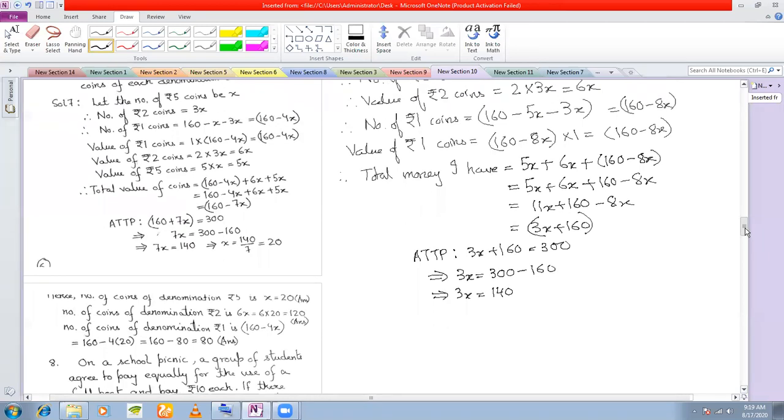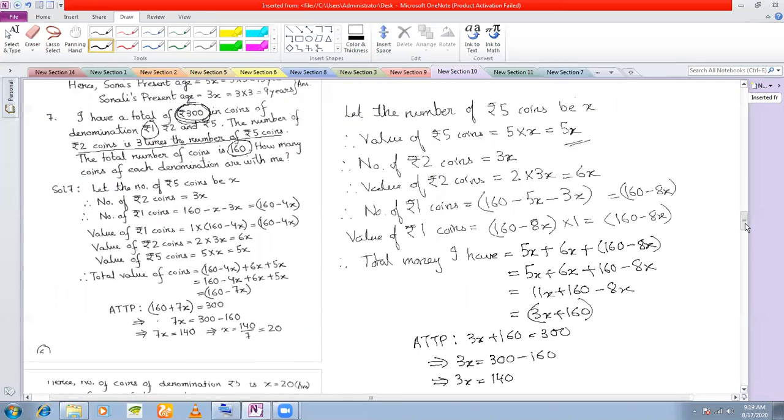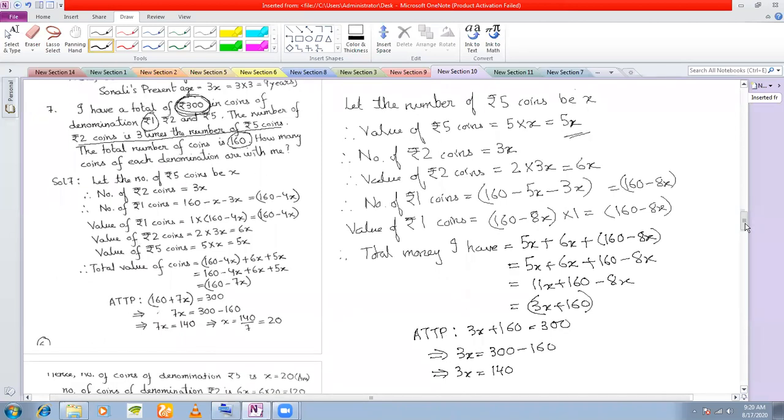How am I getting 5x plus 6x plus, oh, my mistake here. Not 3x, this should be 6x, because the value of rupees 2 coins, no, this is okay, because this is 3x, yes.